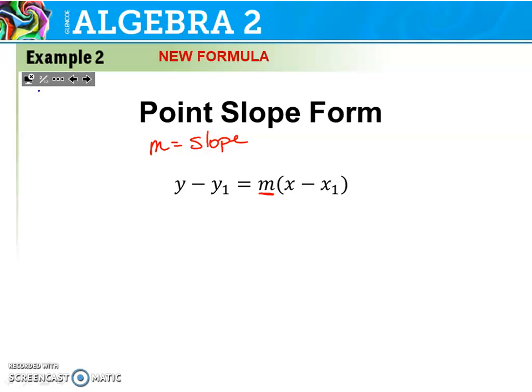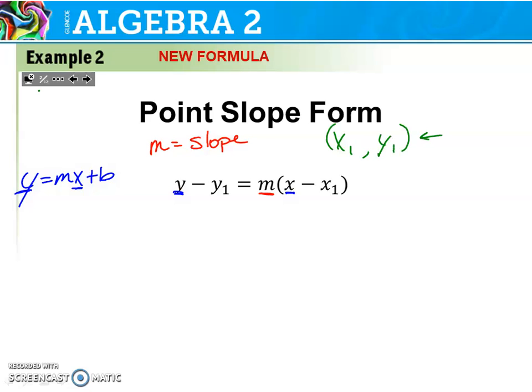The y and the x, they're just the y and the x. Remember, our goal with this is to eventually get it into y equals mx plus b form. So our y is just the y here, and our x is just the x here. So the points that we might not know would be the y sub 1 and the x sub 1. What is our x sub 1 and our y sub 1?